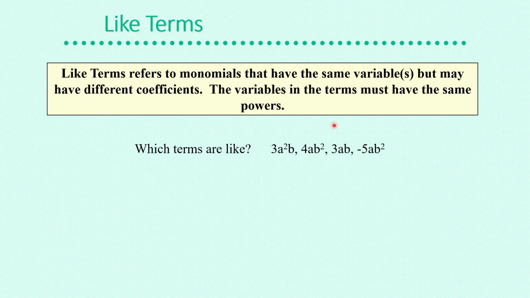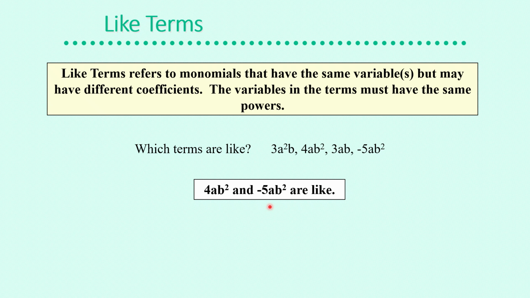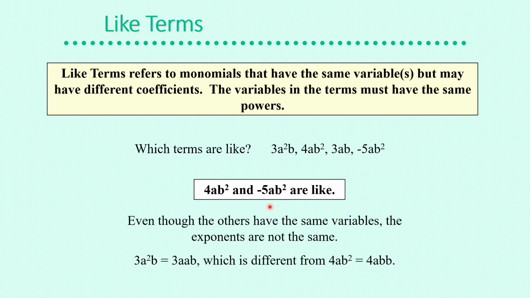So here the like monomials are 4a squared b, 4ab squared and negative 5ab squared. Even though the others have the same variables, the exponents are not the same. Like 3a squared b is 3aab, which is different from 4ab squared equals 4abb.